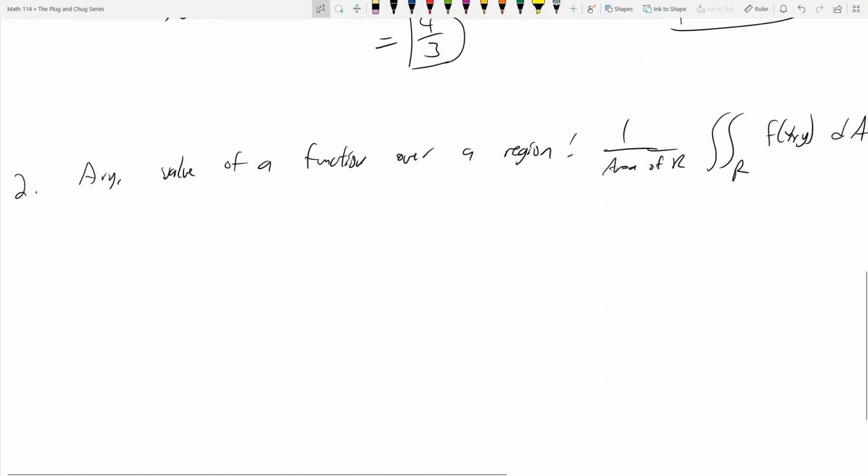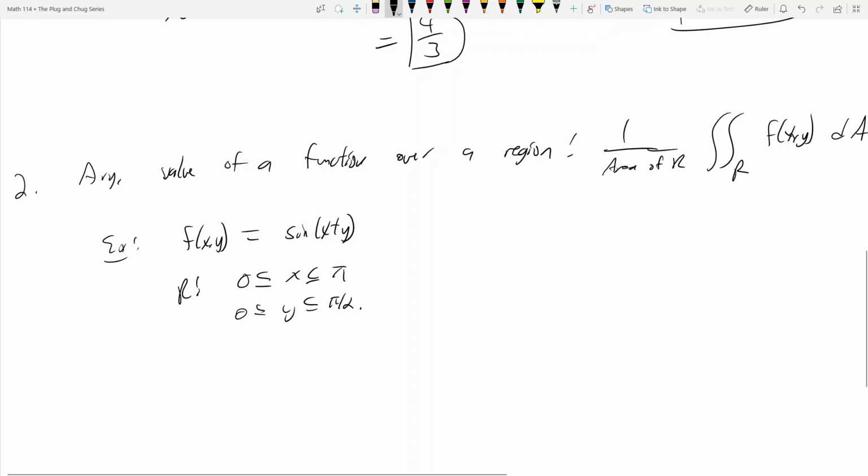So for example, f of x comma y is equal to sine of x plus y, and then let's say the region R is a rectangle, 0 to pi in x, and then 0 to pi over 2 in y. Okay.